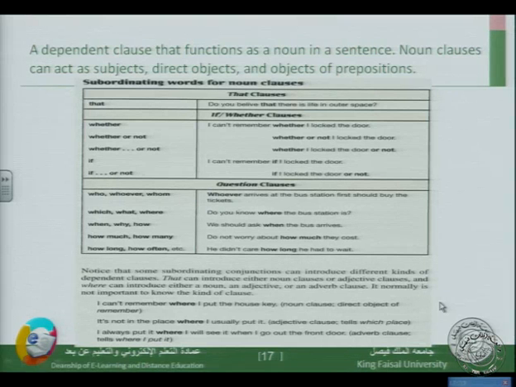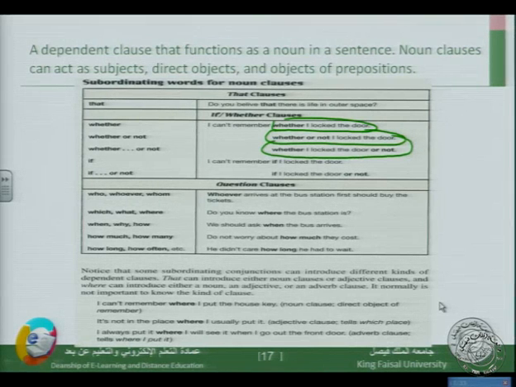Do you believe that there is life in outer space? This we call a "that clause." We also have "if" and "whether" clauses, like: I cannot remember whether I locked the door. Whether or not I locked the door, or whether I locked the door or not. All these cases are correct, and we call all of them noun clauses. In "I cannot remember whether," the clause came as an object.